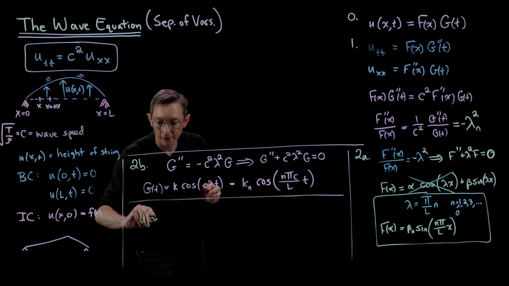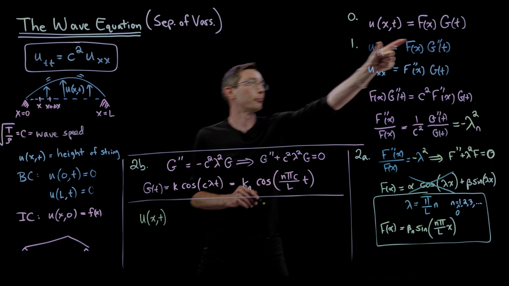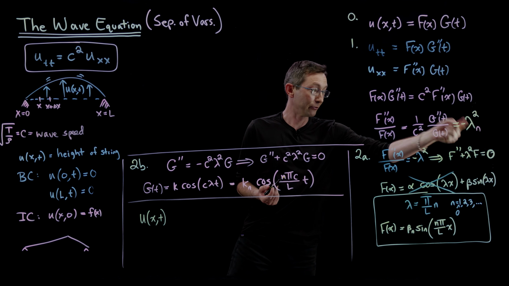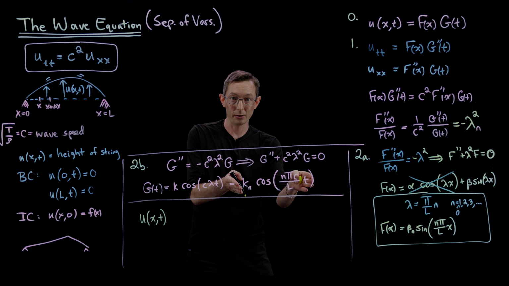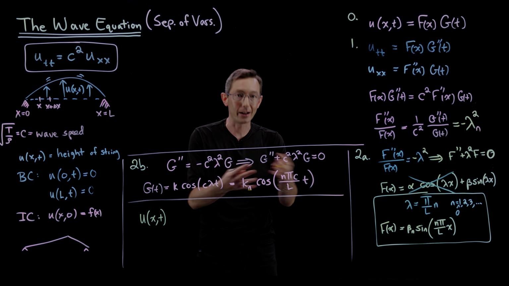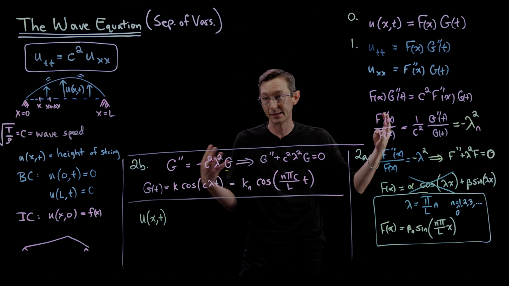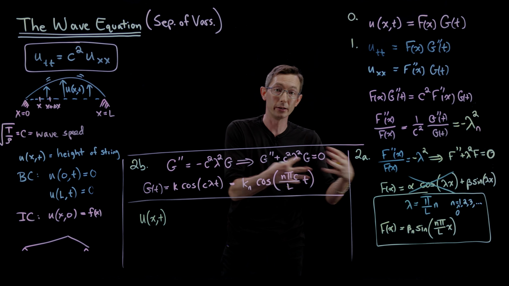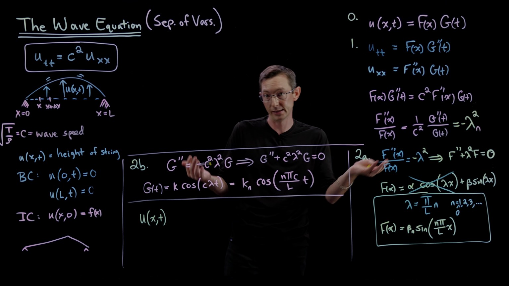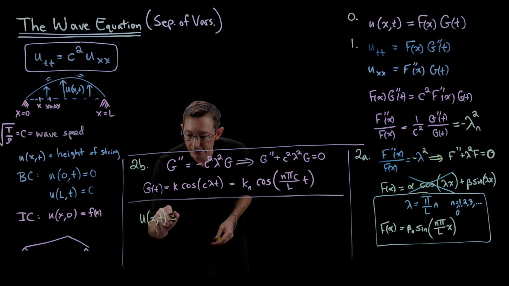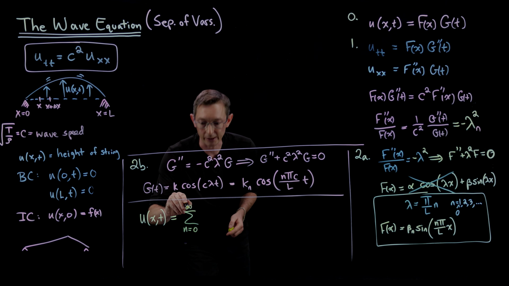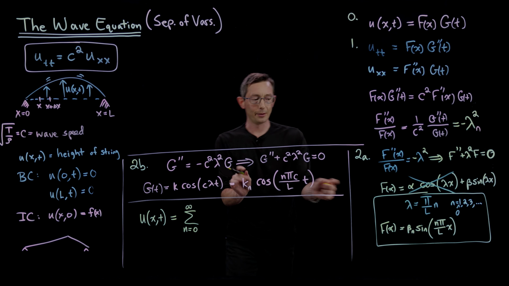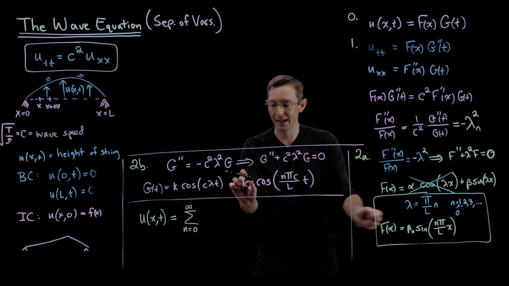U of x and t, remember, it's the product of all of these. For each integer n, it's the product of this sine and this cosine. And I add up all of those solutions for all n, because this is a linear PDE, so all of those solutions are solutions, and when you add them up, it's still a solution. So this is equal to the sum, let's say from n equals 0 to infinity, and I'm going to just combine these two constants, my beta n and my kn.